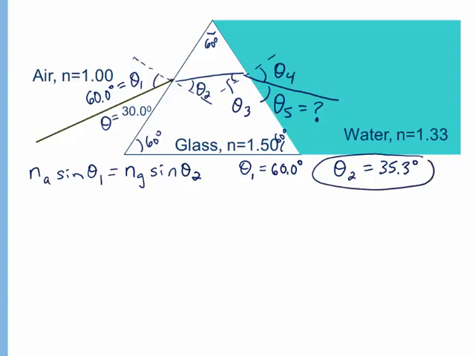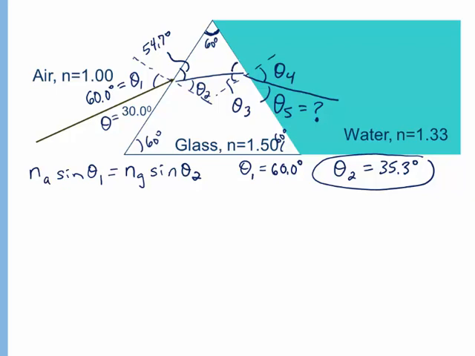Once I know theta 2, the next challenge is to find theta 3. Sometimes students will make an erroneous conclusion. They'll say, that's a right angle in this triangle right here, but you don't know that. You don't know what that angle is. What you have to do is work your way around the triangle where you do know the angles. So in other words, if theta 2 is 35.3, this angle here has to be 54.7. Since I know that this angle is 60 degrees, I can now calculate this angle.